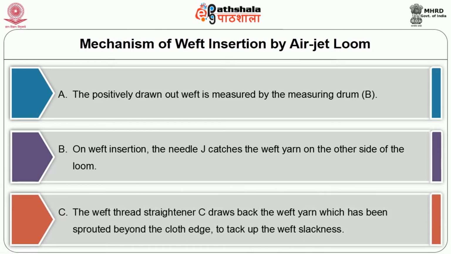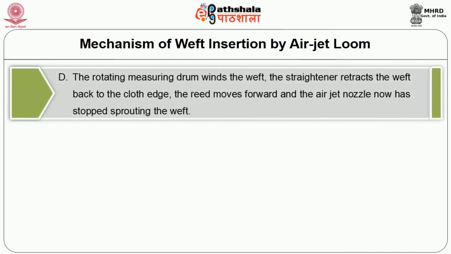At C, the weft thread straightener C draws back the weft yarn which has been sprouted beyond the cloth edge to take up the weft slackness. At position D, the rotating measuring drum winds the weft. The straightener retracts the weft back to the cloth edge. The reed moves forward and the air jet nozzle has now stopped sprouting the weft.